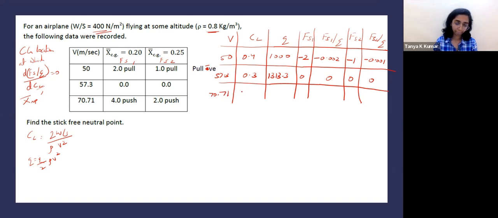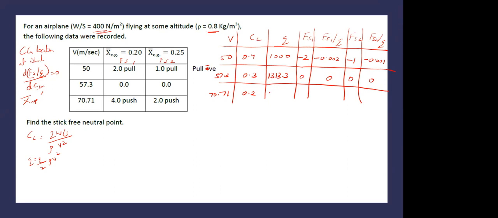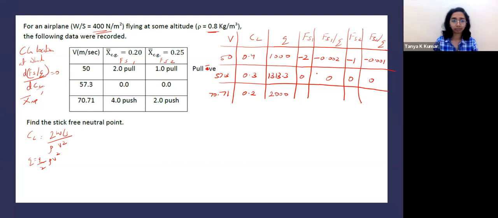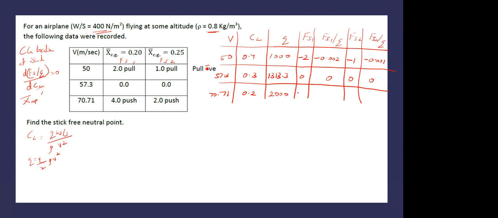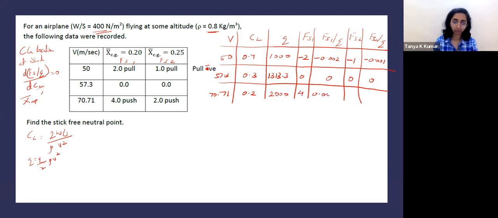CL is, what about Q? 999.96. So let's just take it 2000. FS1 positive 4. So that is 4 by 2000, that is 0.002. Plus 2 is 2 and 0.001.